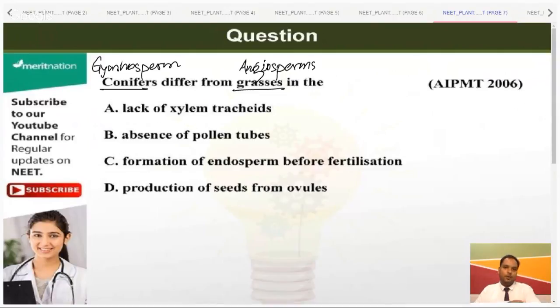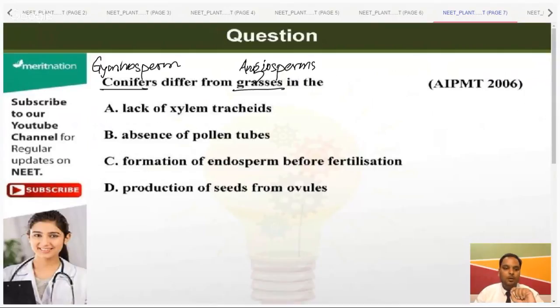Now, most of you are in 12th class. You have already studied plant reproduction. In angiospermic plants, yes, you are absolutely right, the answer is C, but let me explain. In angiospermic plants, there is a characteristic fertilization that we call double fertilization.